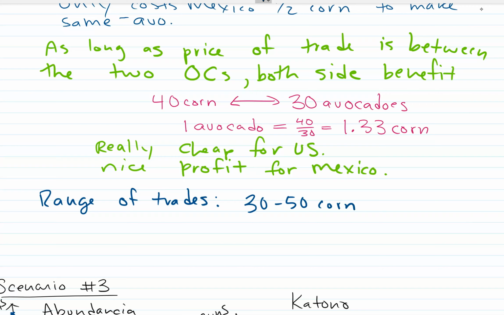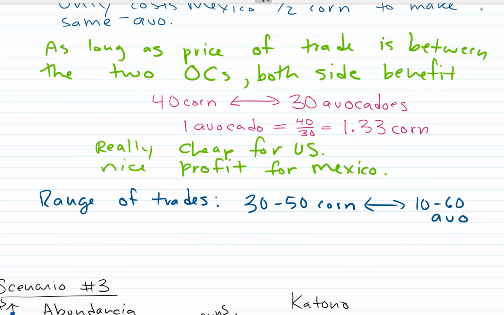Somewhere between 30 and 40 corn were going to be sent in exchange for somewhere between 10 and 60 avocados. If you pick any number in this range except for the very end, on the corn side, and any number in the range on the avocado side, you'll find that the exchange price is between those two opportunity costs.